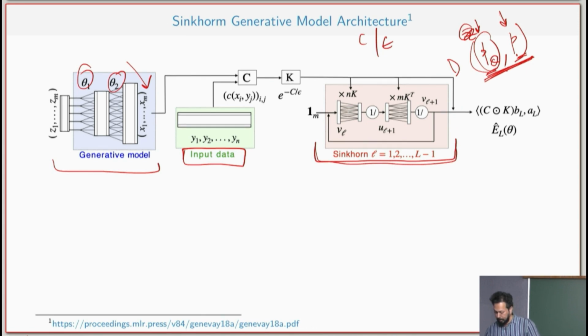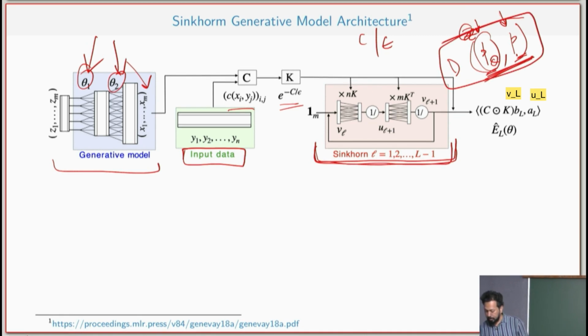So there is this cost involved, and then we construct the matrix K that we have seen, and then it's about finding the current cost estimate. Obviously these thetas are not yet optimized, so the initial cost will be very high, because this Sinkhorn algorithm is calculating this distance only, that's all. There is no parameter anywhere here or here.